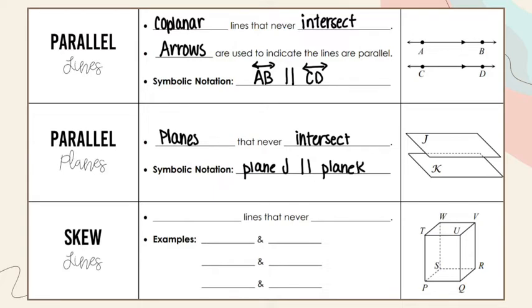Skew lines are non-coplanar lines that never intersect. Examples of these might include PS and VR.